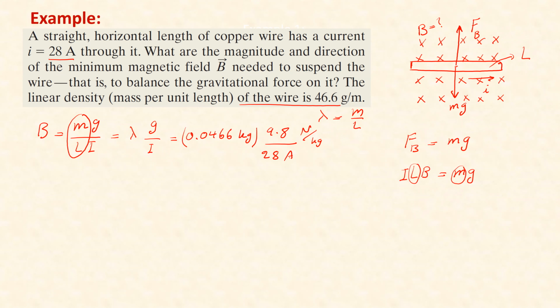So you see the kilogram cancels out. So the unit of B becomes Newton per meter amp, which is Tesla. So you can multiply these numbers and get the magnitude of the magnetic field. How much do we get?